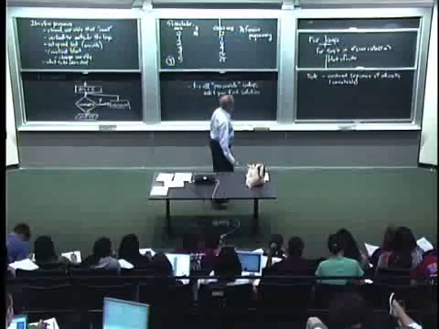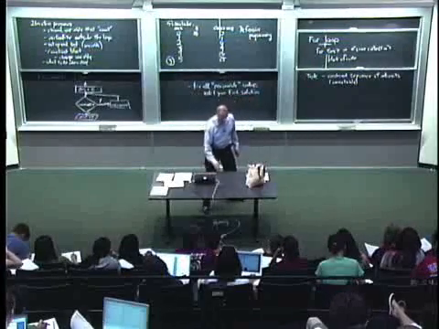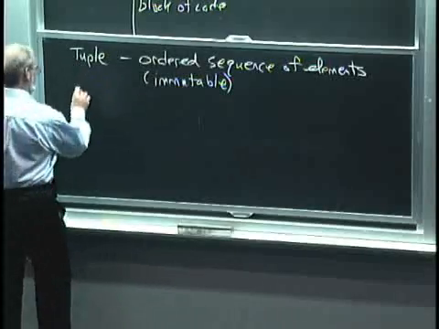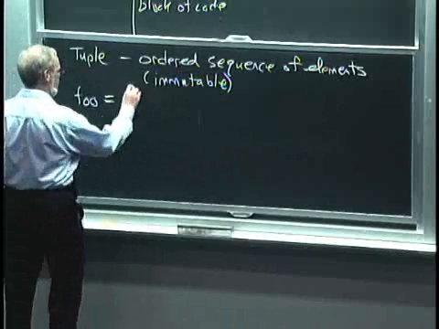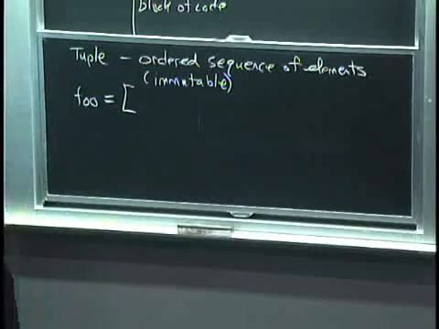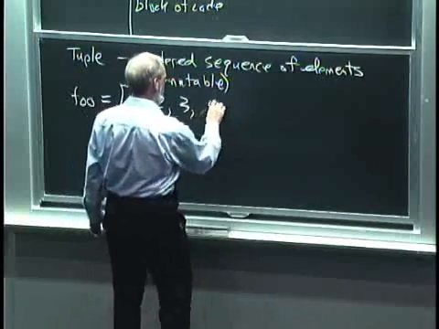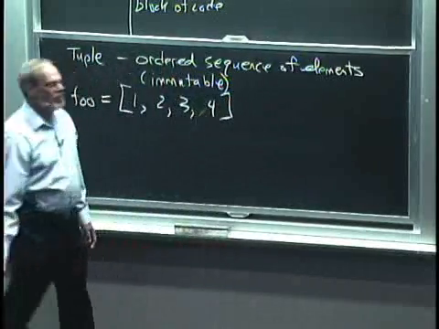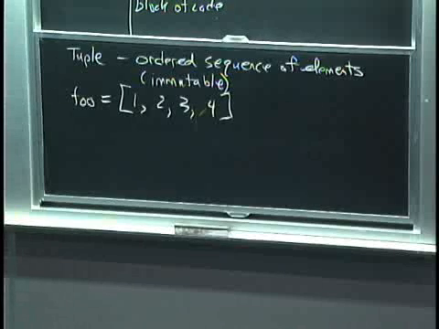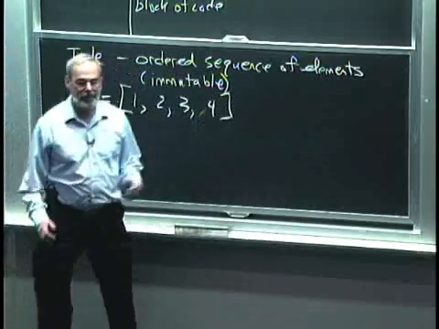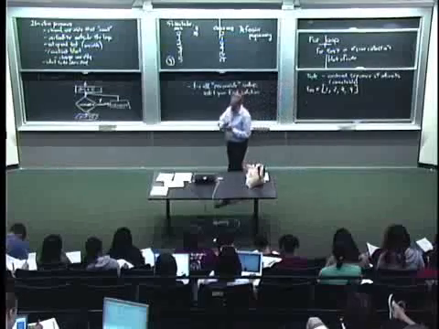Okay? And how do I create them? Well, the representation is the following. A square bracket followed by a sequence of elements, separated by commas, followed by a closed square bracket. And that is literally what I said. It is an ordered sequence of elements. And you can see where they are.